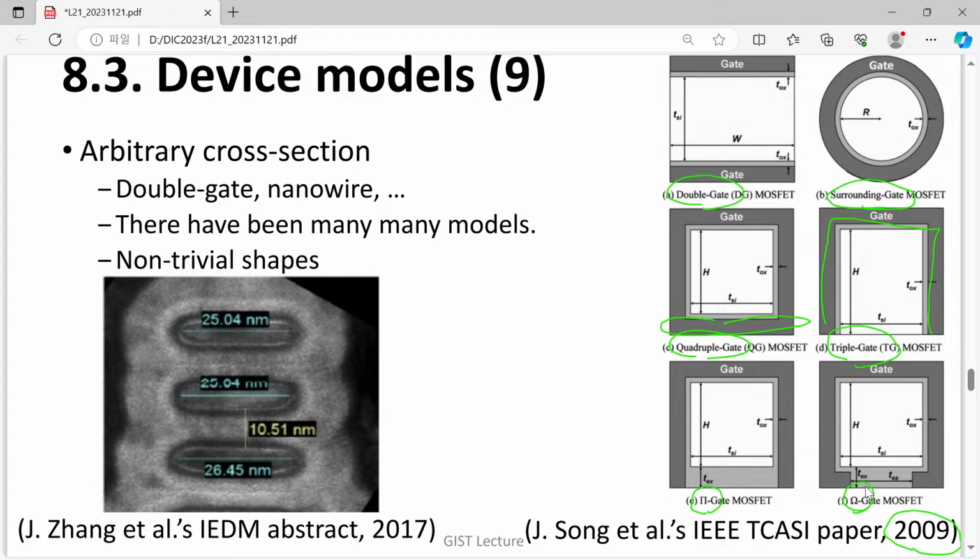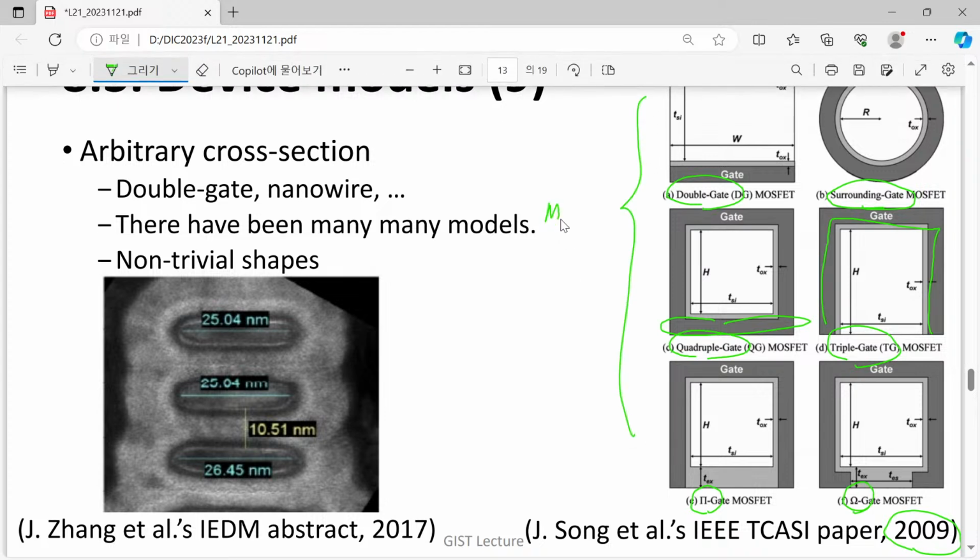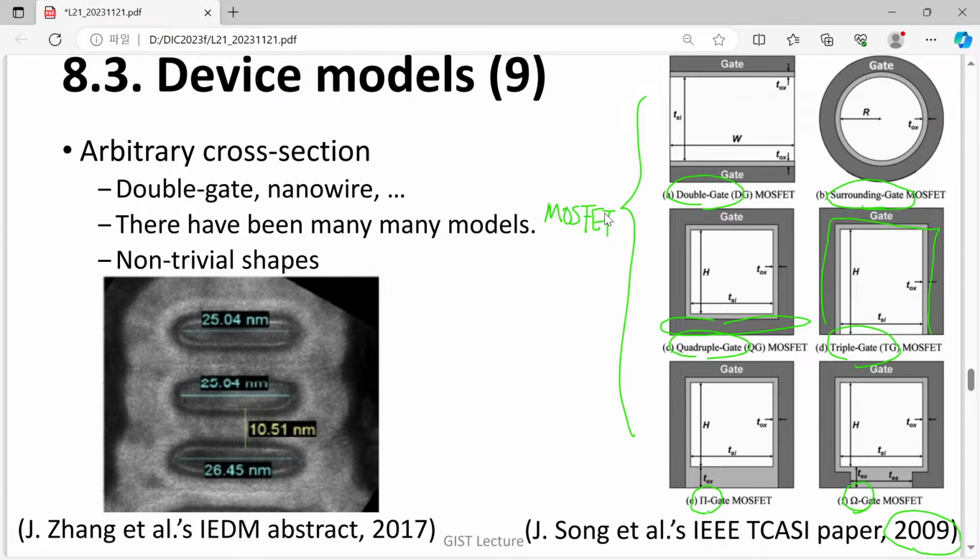So what happens to MOSFET models? Since the suggested shapes of MOSFETs are so various, the compact model developers should develop individual models for shape A, shape B, shape C, D, E, F, and so on.